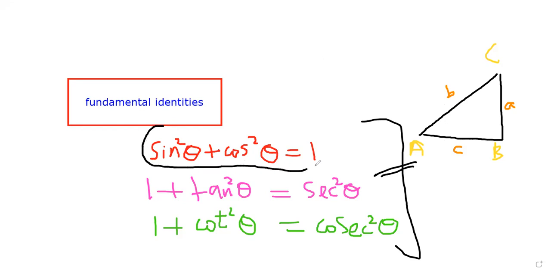First one: sine square theta plus cos square theta is equal to 1. How will we prove this? Simply, we will make a triangle, and we know the formula called the Pythagoras theorem.